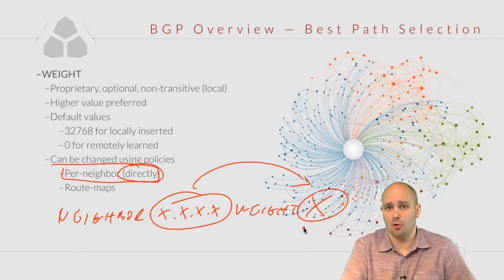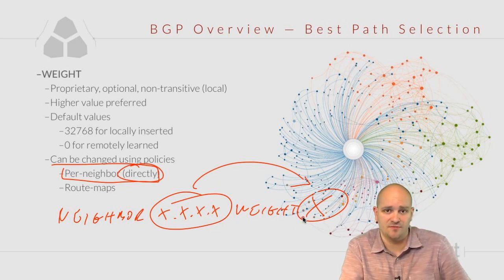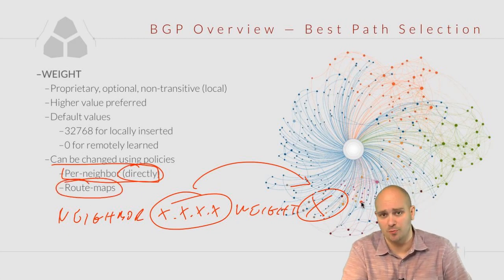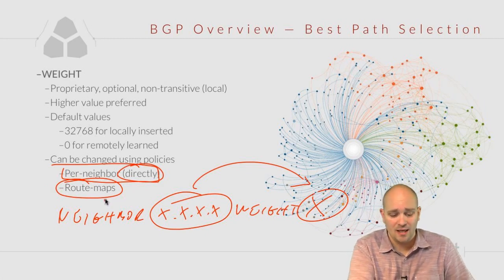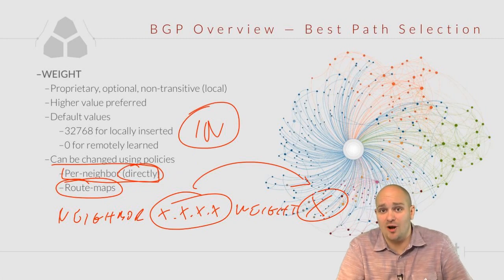If you want to have more granular control and you want to assign weights per prefix, for example, if they match some other attributes, you can always use route maps for that purpose. Now, keep in mind that you can set weight using route maps only in the inbound direction, because if you try to set it in the outbound direction, the weight attribute doesn't exist in the BGP update, so it will have absolutely zero effect.